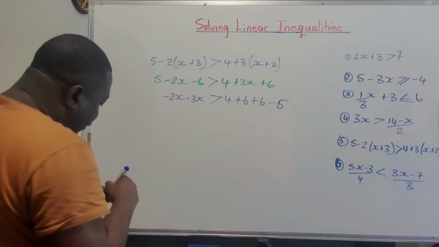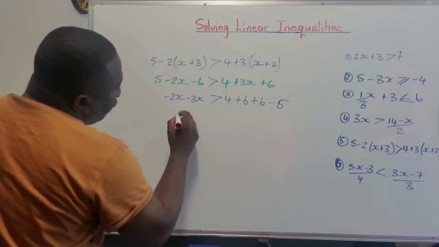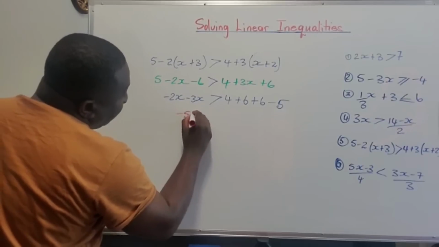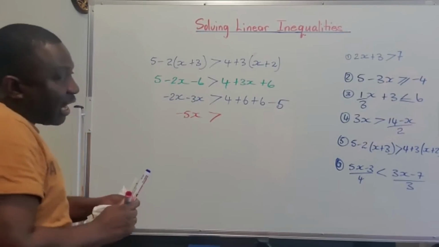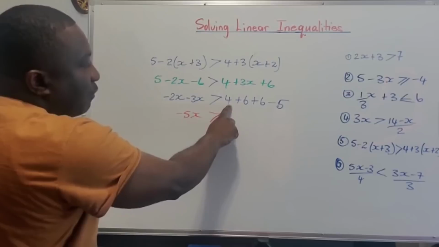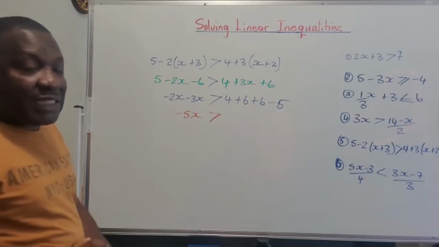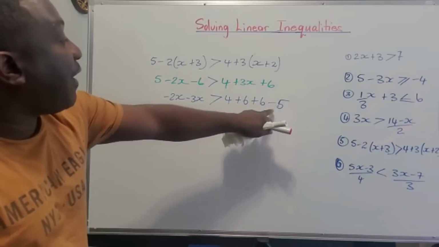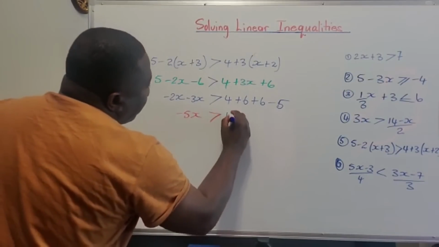Hence, this will now give us negative 2x and negative 3x will give us negative 5x. Maintain my inequality sign. Let us add these values here. 4 plus 6 will give me 10. 10 plus 6 will give me 16. If I take 5 from 16, we are left with 11.